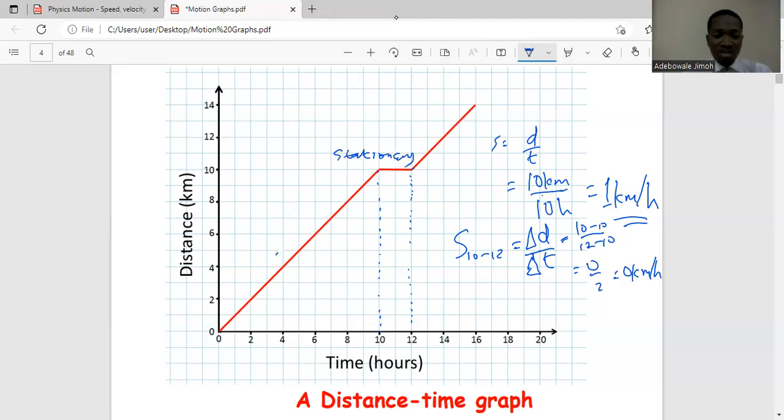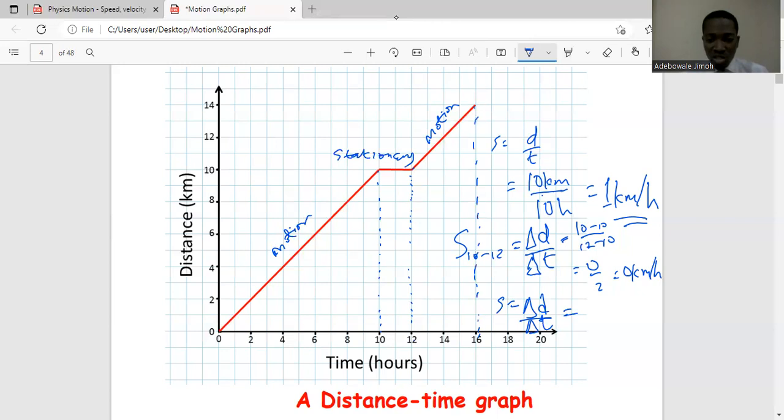While here, we have a velocity. That means the object is moving, hence it has a velocity. So at this place, the object is in motion. Also in this place, when you see the slope moving up, you know the object is in motion. If you were to calculate the speed of the object from 12 hours to 16 hours, you use the same formula: speed is change in distance divided by change in time.